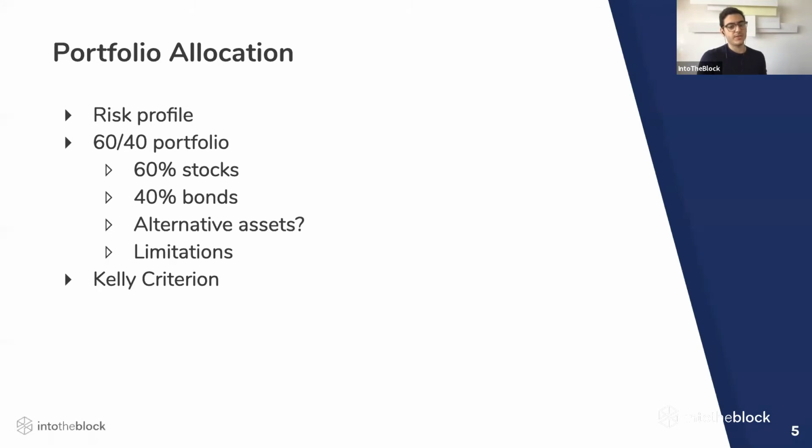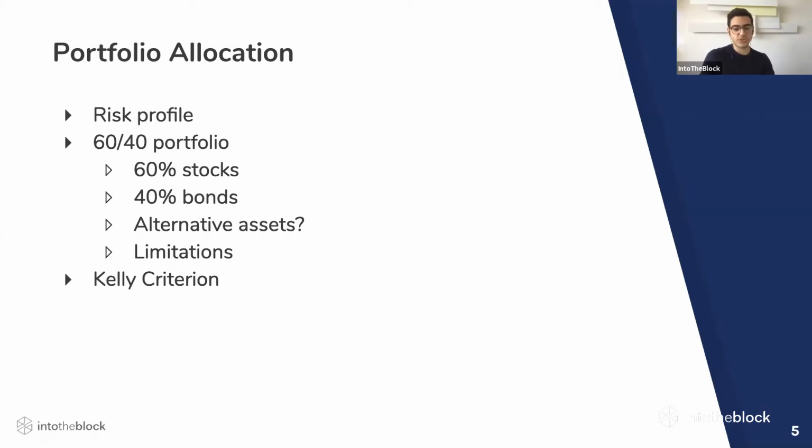Based on that, you can be recommended a percentage allocation between stocks and bonds. One that's very common in the US, at least, is a 60-40 portfolio, where 60% is allocated to stocks and 40% to bonds. However, it doesn't really consider traditionally alternative assets such as gold or cryptocurrencies, of course.